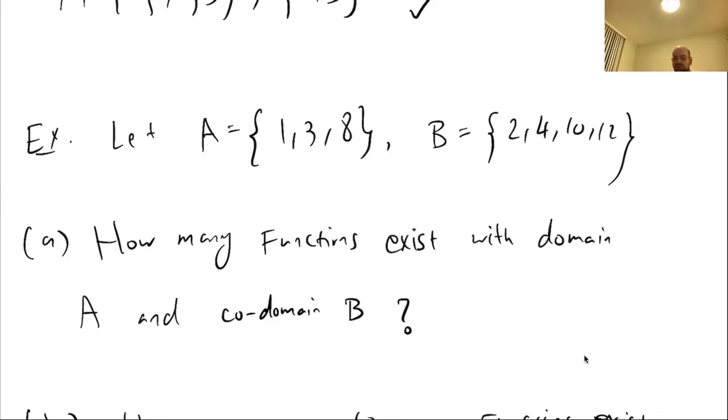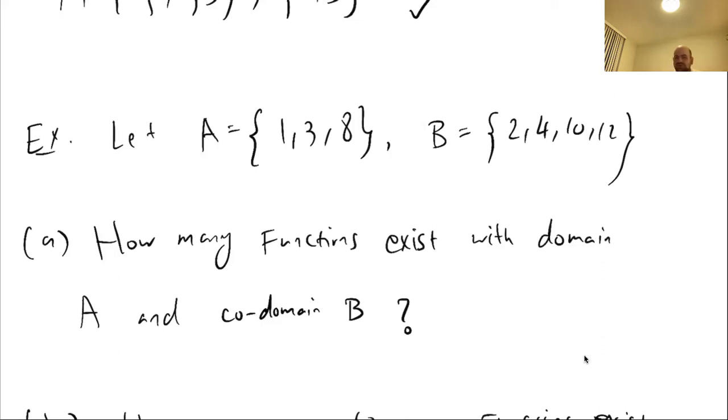So 1 must have exactly 1 output, either 2 or 4 or 10 or 12. Any of them is okay, but not 2 of them at the same time. But as long as I assign exactly 1 output to each input, then I will have a function.